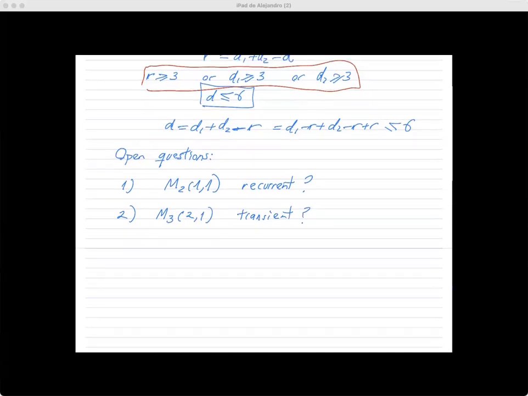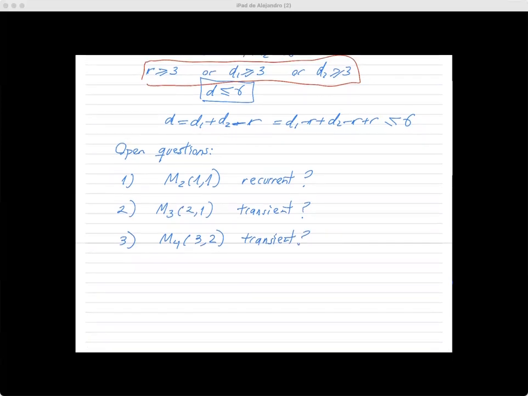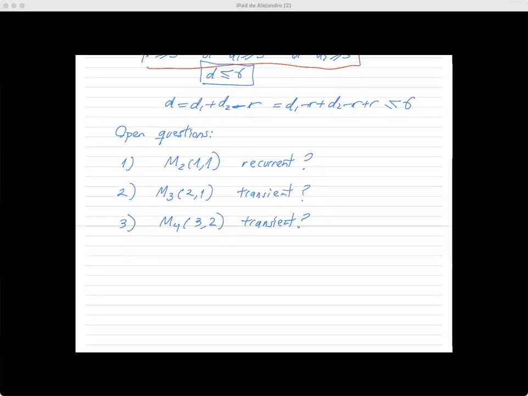And even in the overlap case, the M432 case, if this is transient or not. The 2-3 case is covered by what we did with Daniel Camarena and Gonzalo Panizo.